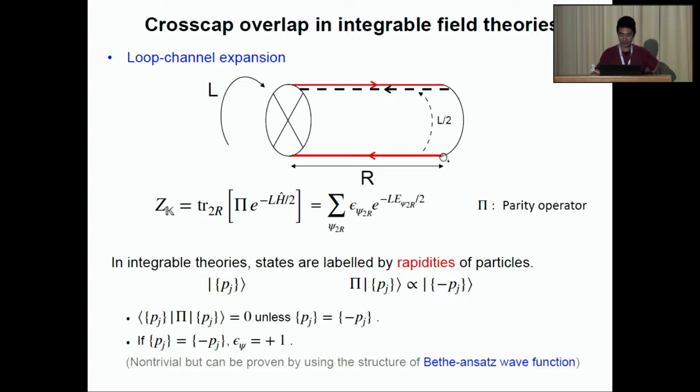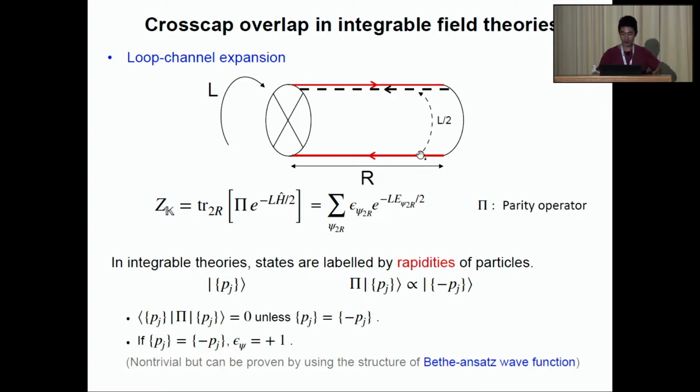Let's start from here and go all the way to here. Then, because of the crosscap identification, you have to continue the time slice to here, then continue here, and come back to the original point. So the constant time slice is defined on a volume 2R, not R.